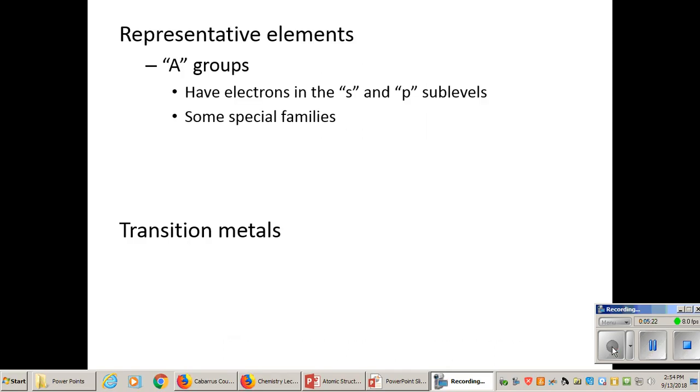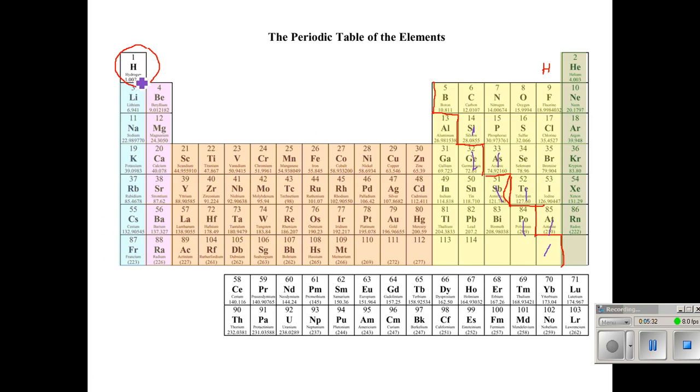There are some groups on the periodic table that I want you to know the names. So these A groups are called the representative elements. That would be any element that is in one of these columns here or one of these columns here. Those are called families or groups.